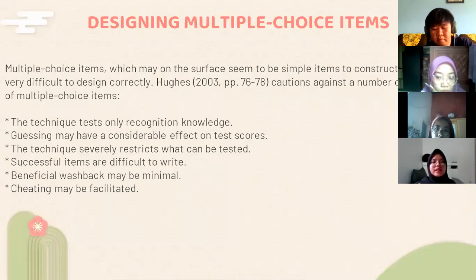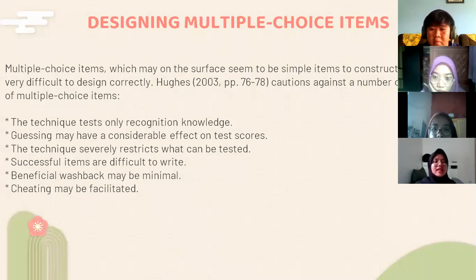The next is designing multiple choice items. Multiple choice items, which may on the surface seem to be simple items to construct, are actually very difficult to design correctly. Brown 2003 cautions against a number of weaknesses of multiple choice items.